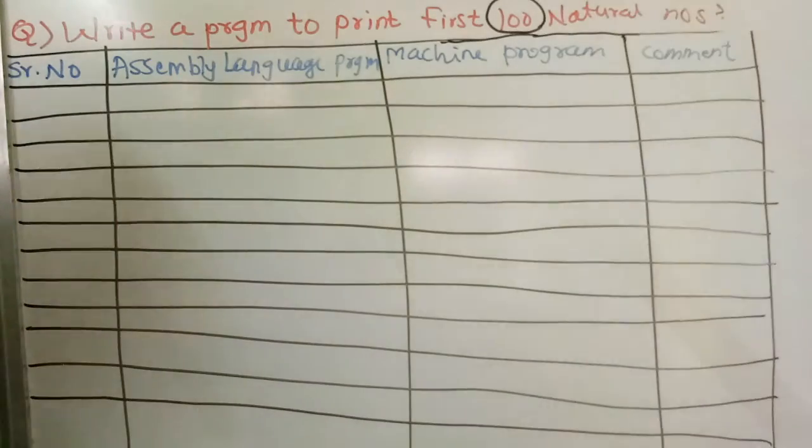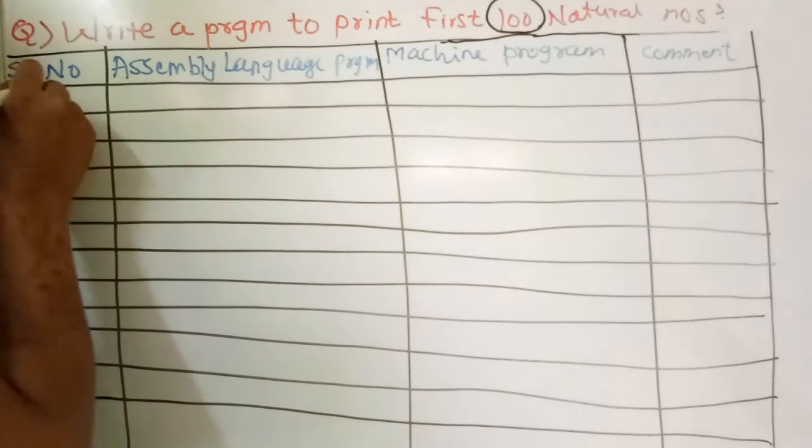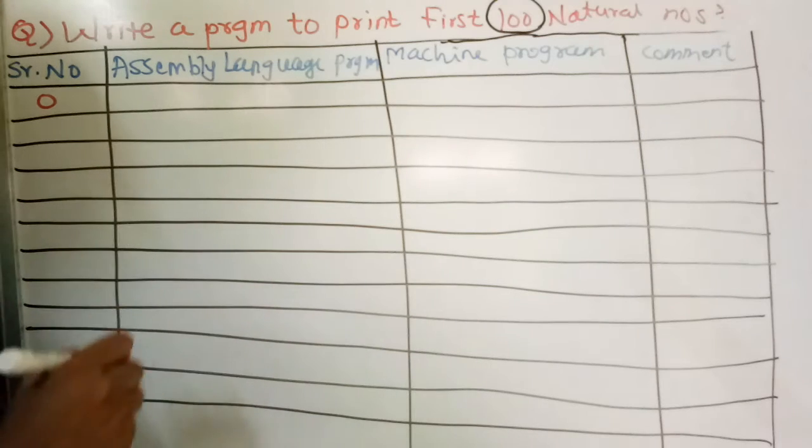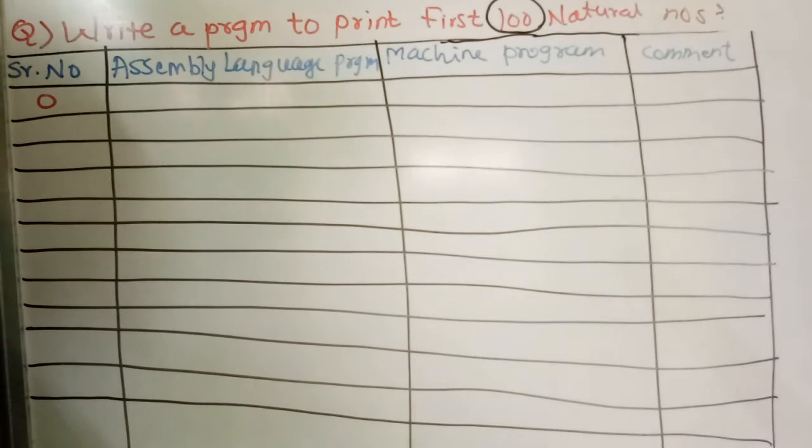Now, as we all know, to print anything up to some number, we have to take it from the first position, then increment its counter and print it until that number is reached. So we will start with some concepts. For example, we will take a counter having the number 1.